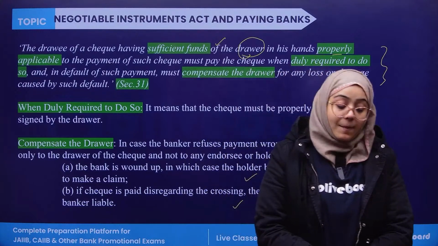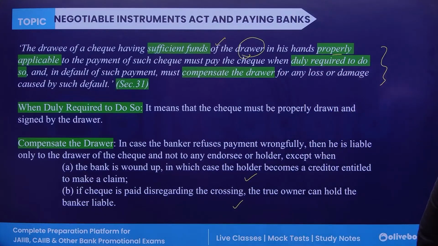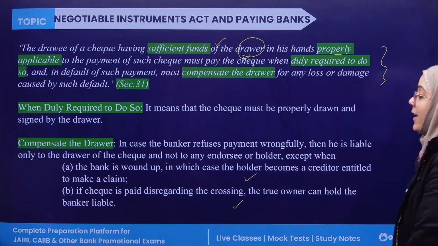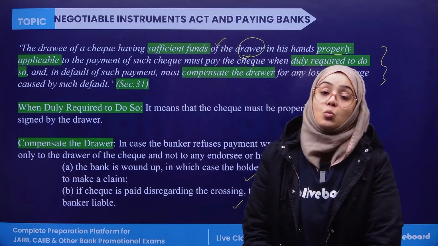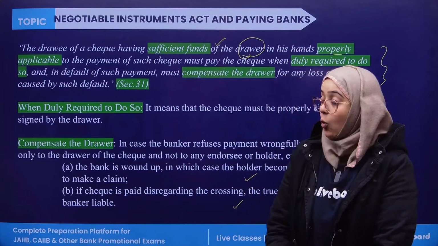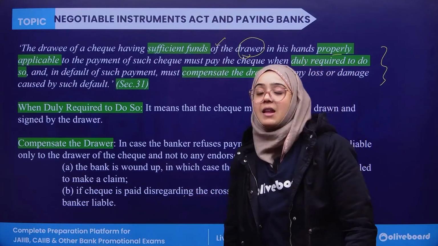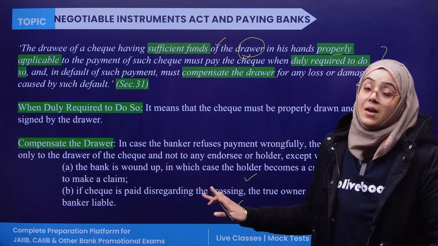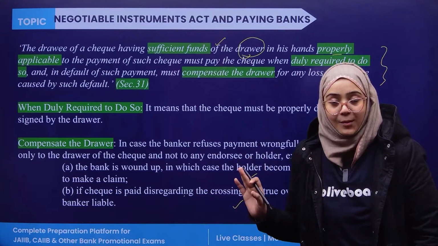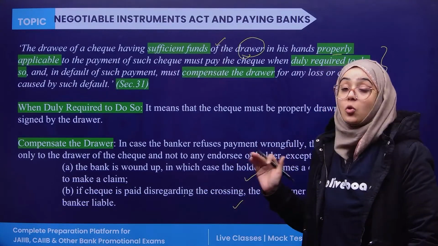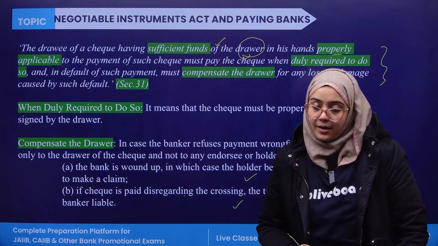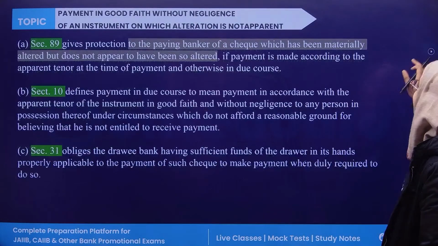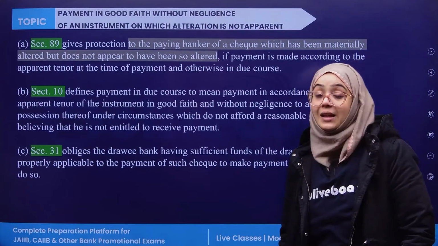So in normal circumstances, the drawee is responsible towards the drawer. But only in these two circumstances, the drawee is responsible towards the holder of the check. Clear?